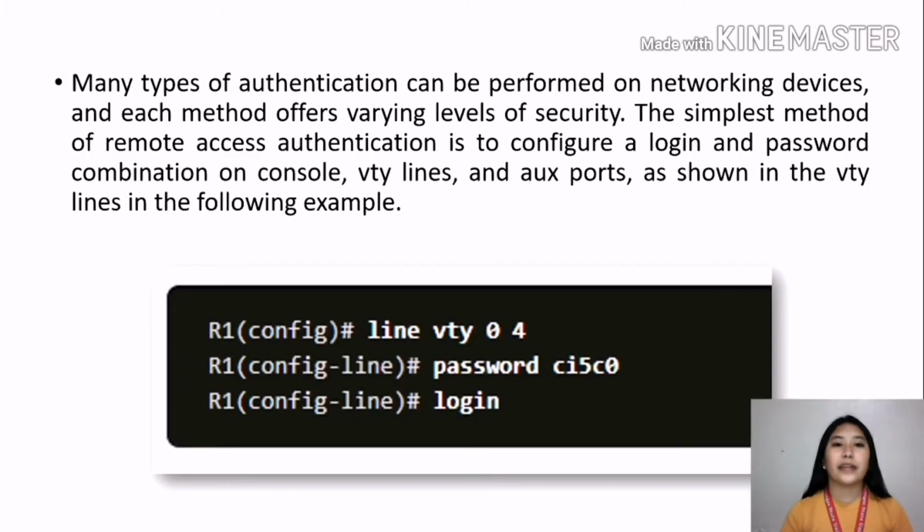Many types of authentication can be performed on networking devices, and each method offers varying levels of security. The simplest method of remote access authentication is to configure a login and password combination on console, VTY lines, and AUX ports, as shown in the VTY lines in the following example.